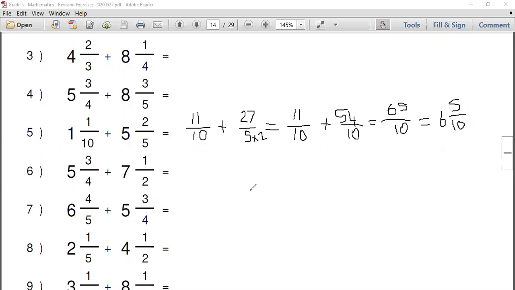No. How are we going to change that to our simplest form? I was going to say divided by 2, but I cannot divide 5 into 2. Okay, let's look at the factors of each number. What are the factors of 5?